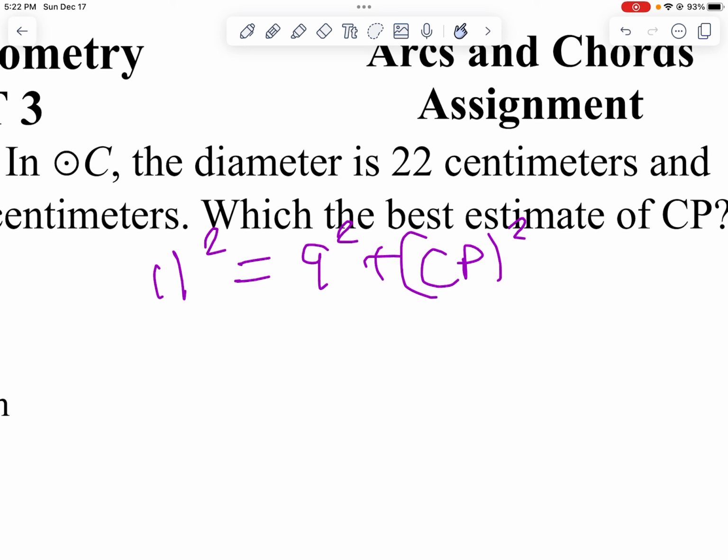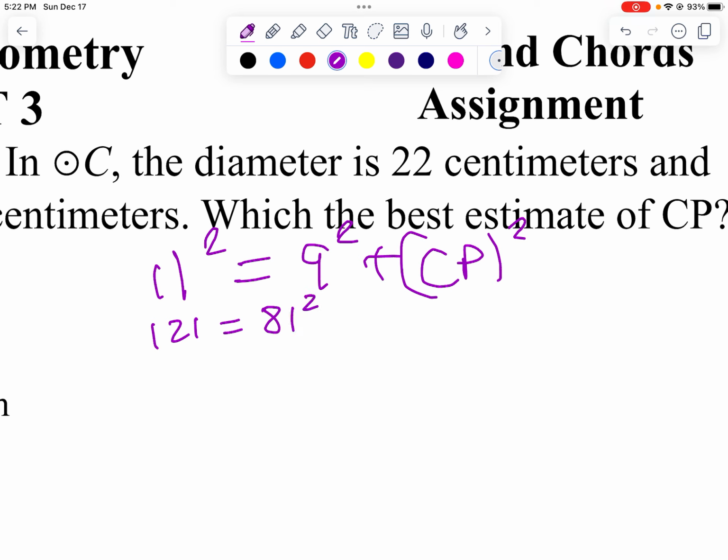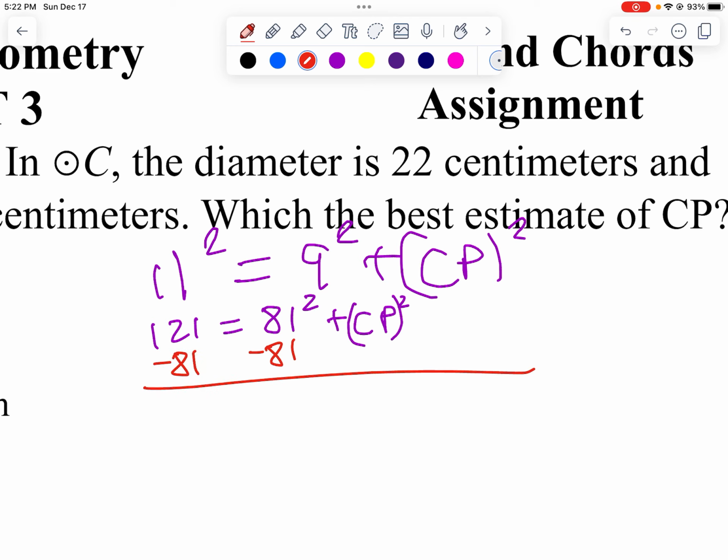Let's simplify that. 11 squared is 121. 9 squared is 81 plus CP squared. Well, let's minus 81 from both sides, and we get 40 equals CP squared.